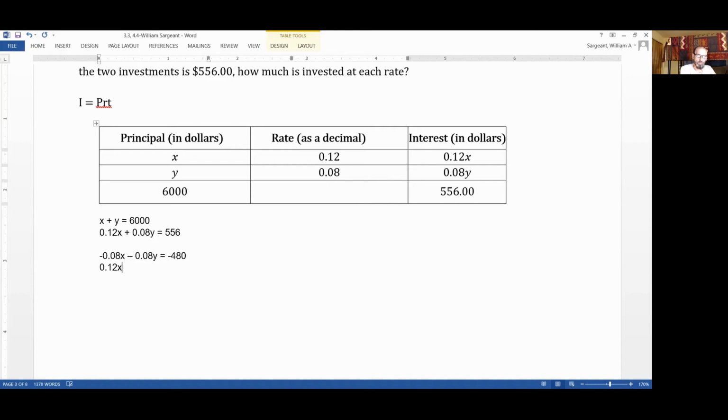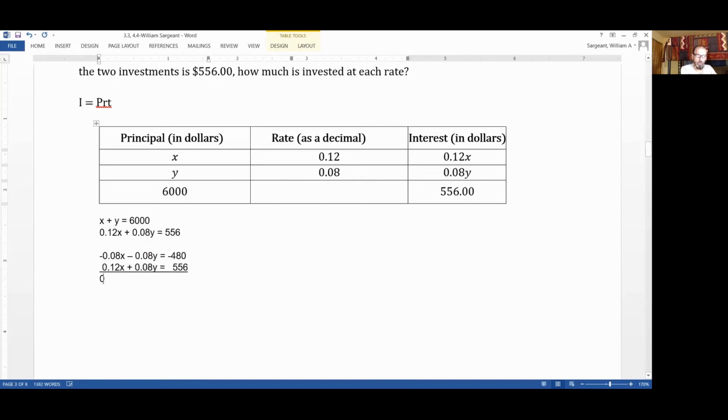And now when we just copy down equation 2 as it was, notice how that negative 480, if we ignore the sign, is really close in size to the 556. So I'm going to add along the columns and get the y's to cancel.